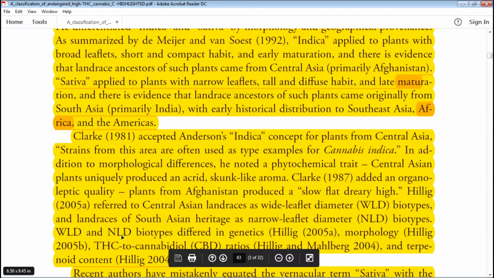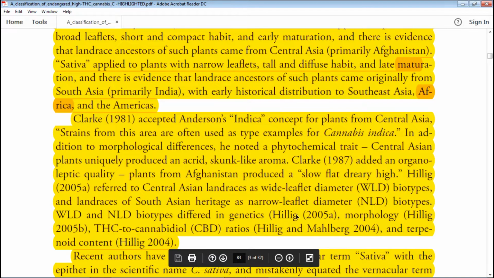Wide leaflet diameter and narrow leaflet diameter biotypes differed in genetics, Hillig, 2005a, morphology, THC to cannabidiol (CBD) ratios, and terpenoid content.